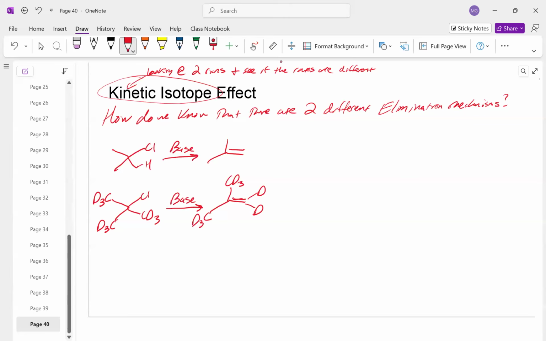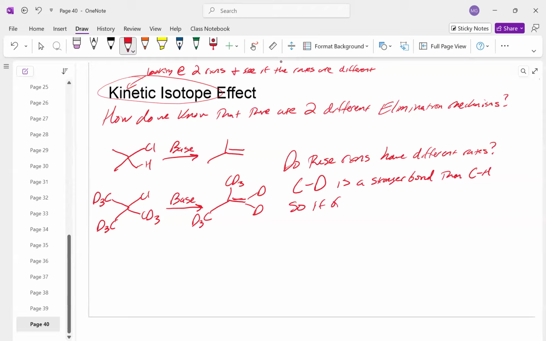And they basically ask themselves, do these reactions have different rates? And the theory behind this is that a carbon deuterium bond is a stronger bond. We're not going to go into why that is, but that's scientific fact. Carbon deuterium is a stronger bond than a carbon hydrogen bond.